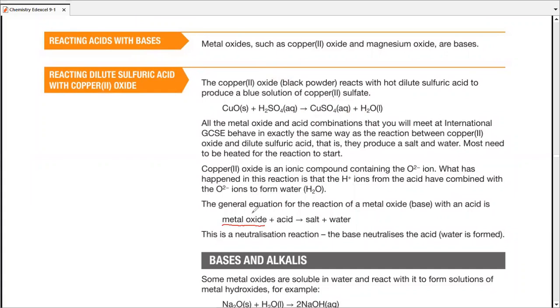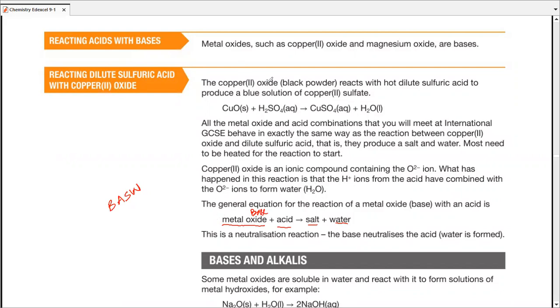A metal oxide is actually a base, so acid, salt, and water. That is also given as BASW, base acid salt water. Sometimes it's also given as ABSW, which means the same thing. You can use the mnemonic to remember it. Remember, metal oxides are usually bases.